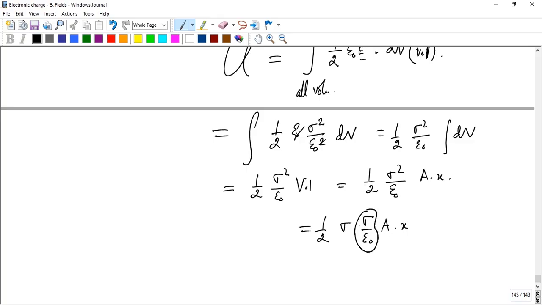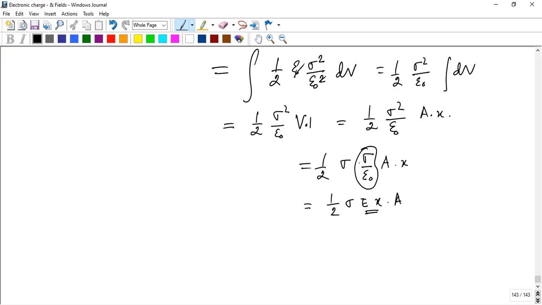Sigma over epsilon naught is E, and E times x means potential, times A. So half sigma here and that surface area A, and that's the potential V. So sigma A V. And what is the value of sigma A?